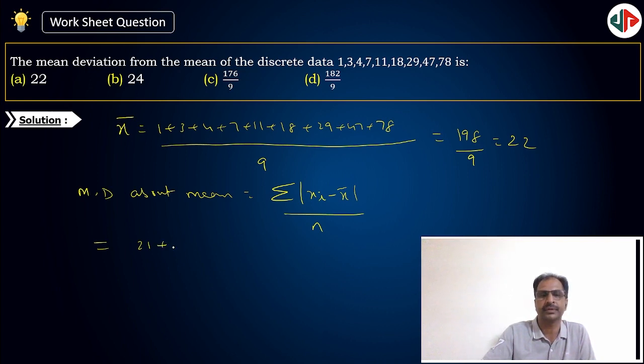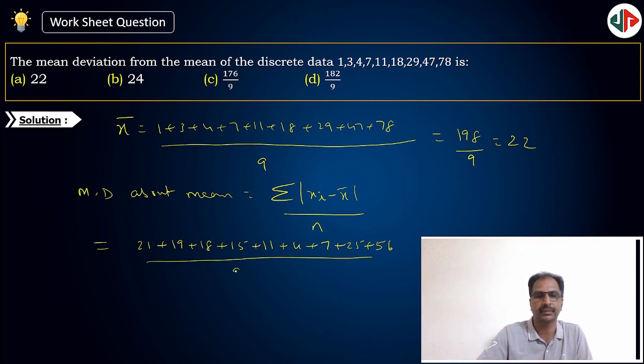Next 22 minus 3 is 19. 22 minus 4 is 18. 22 minus 7 is 15. 22 minus 11 is 11. 22 minus 18 is 4. 22 minus 29 is minus 7 with modulus 7. 47 minus 22 is 25. 78 minus 22 is 56. By number of observations, which is 9. If you find, then you will get 176 by 9. Option C.